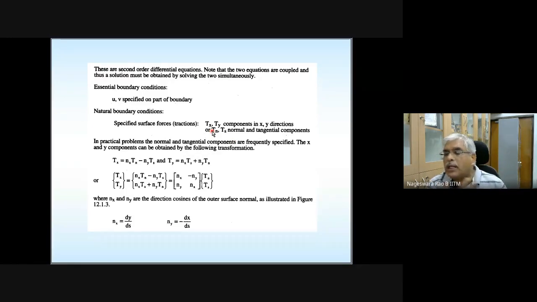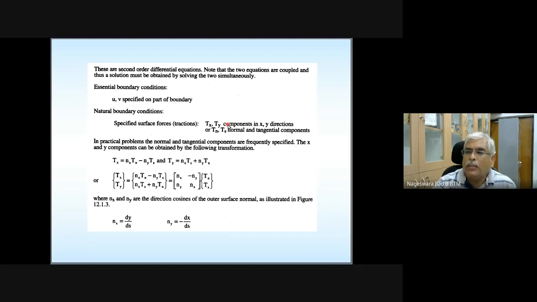Whether the forces are really the derivatives of displacements, or functions of derivatives of displacements, that is what we will see here. Tx, Ty are the components in the x and y directions. Usually the forces are also referred to as tractions. Traction is nothing but force: traction in the x direction and traction in the y direction.